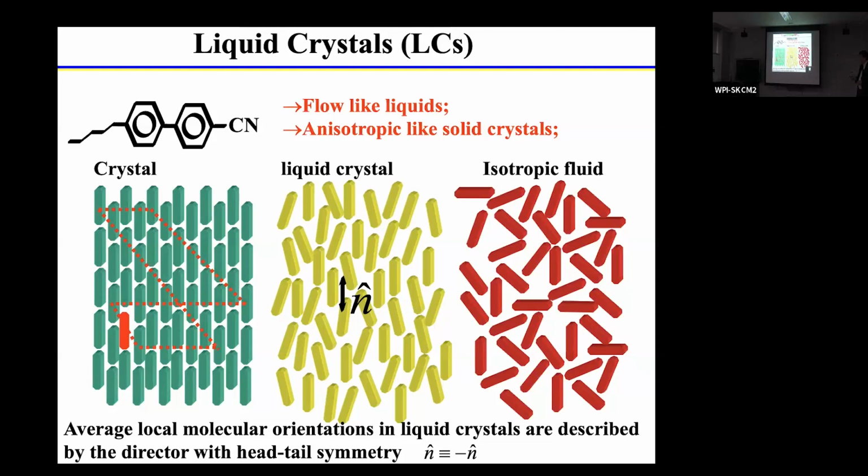The very classic example of liquid crystal molecules is shown in here. It has a chemical structure of two benzene rings, right, connected to each other. And on one side, you have this CN triple bond and the hydrocarbon chain on the other side.